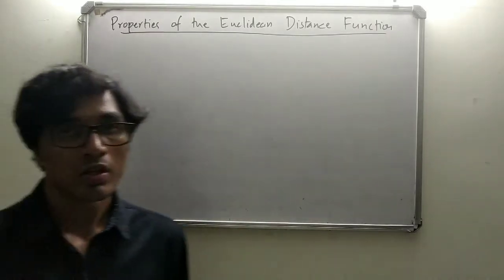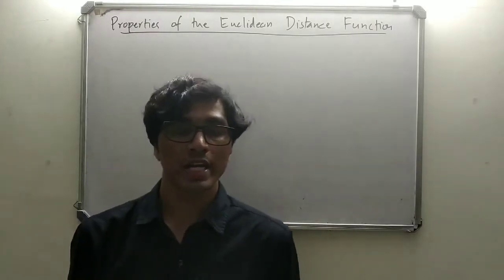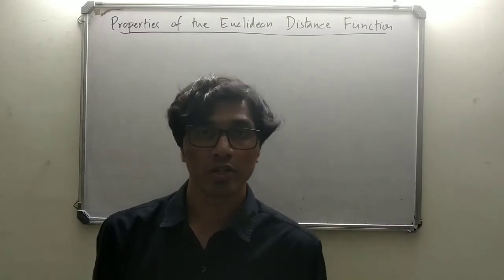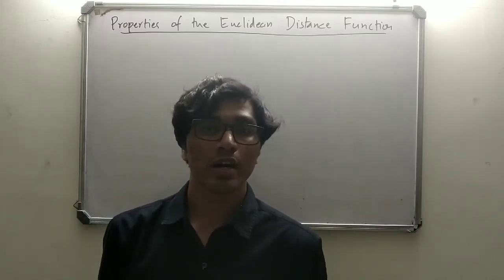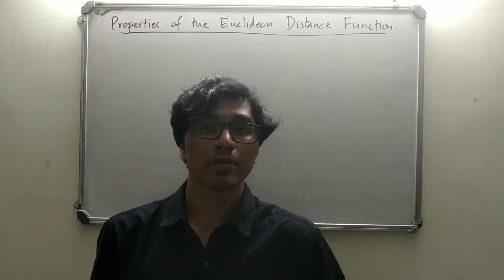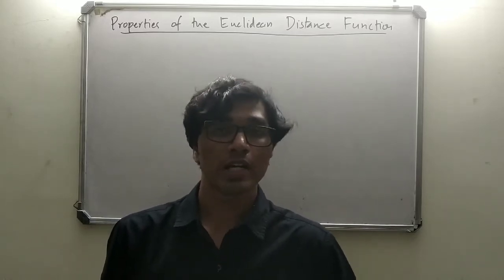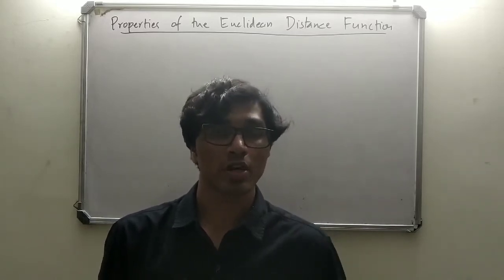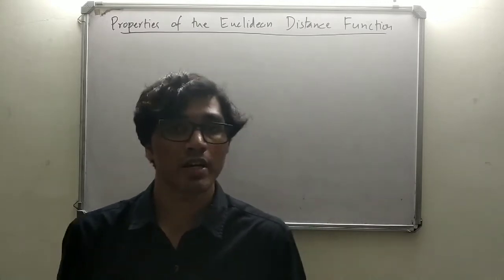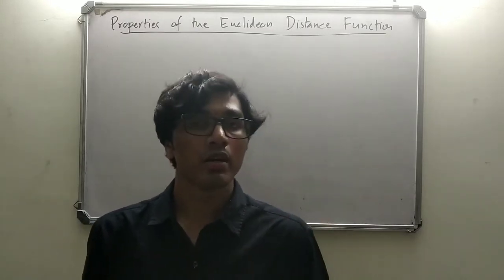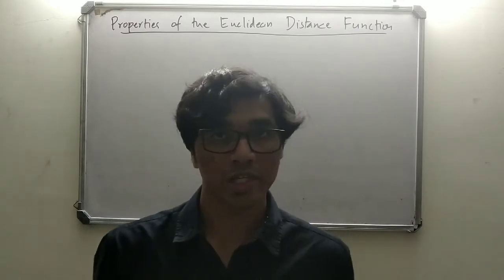Now, for any 3 points x, y and z in the Euclidean space, note here that x, y and z are something which I use to label any 3 points in the Euclidean space, not as coordinates. X, y and z are not coordinates, but they are points in the Euclidean space.